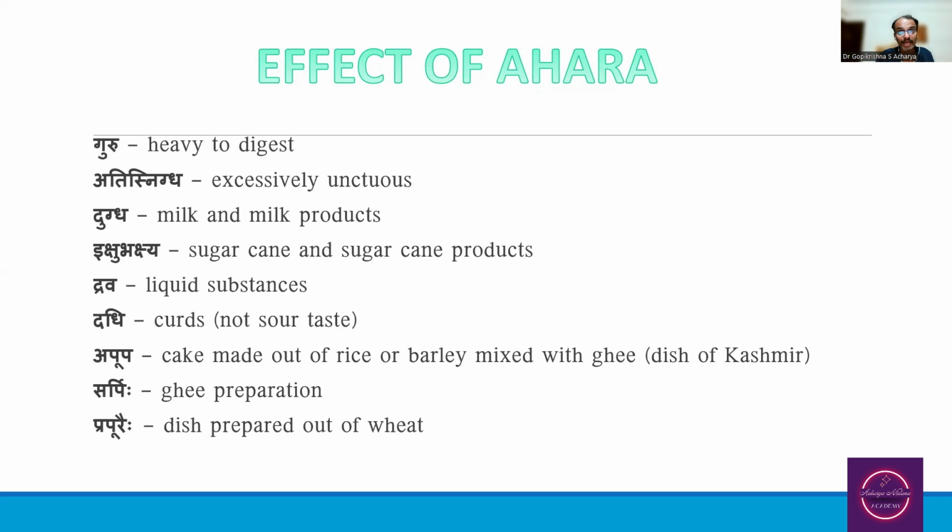Masha means the black gram items, dosa, idli, etc. Or otherwise the substances which are prepared out of the fish, etc. They are usually heavy to digest, or the chicken, etc. They are going to be responsible for the crude or heavy to digest. Atisnigdha, excessively unctuous substances. That means where more and more oil is being added to give the taste to the food.